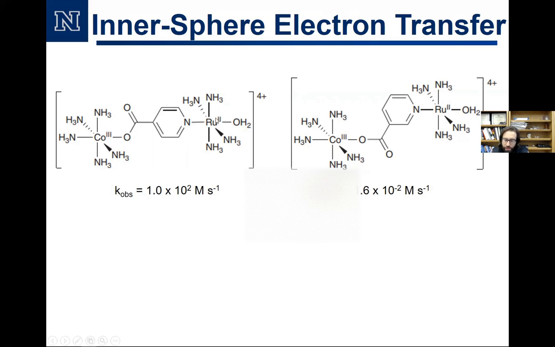And so what's apparent from this is that since this has a slower rate, it must be a lot harder sterically to make a bridging species where bridging occurs and then electron transfer can occur, versus this para situation. So that's just an interesting case where you have these sort of interesting dimers, okay, and electron transfer occurring.